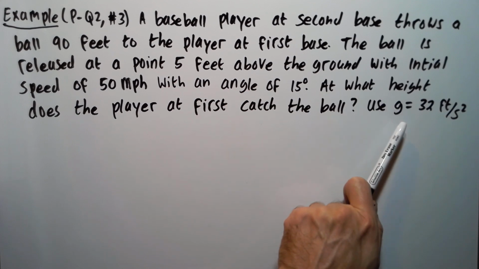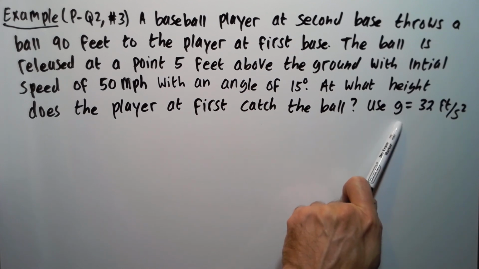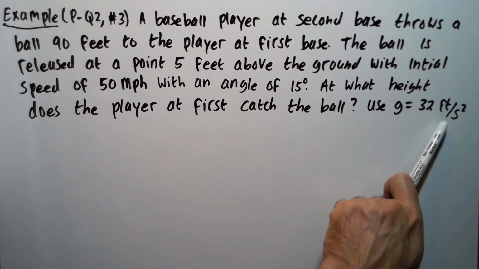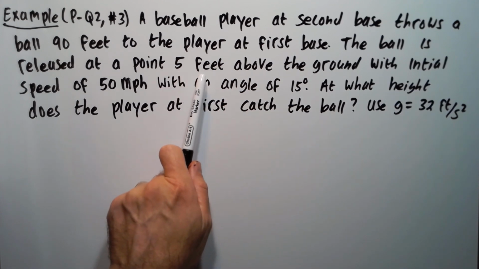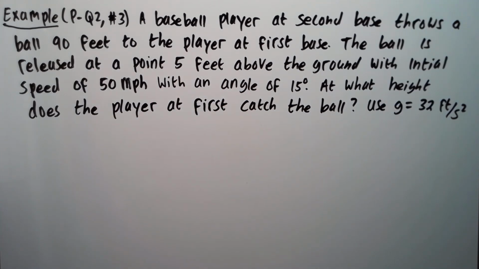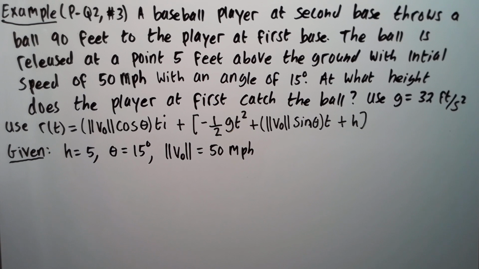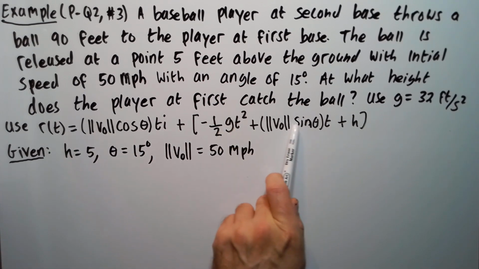We're going to use g, the gravity, as 32 feet per second squared because we have things in feet up here. Let's write down what we're given. We're going to use our theorem 6, our position function.